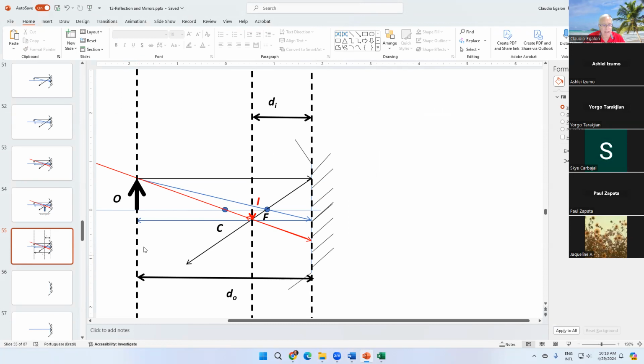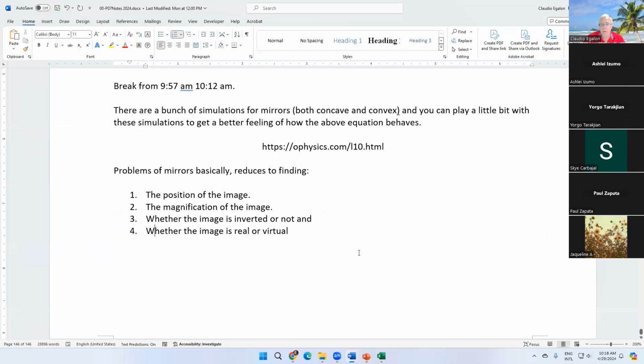Okay, you can see that the image is on the same side as the object. So for a mirror, if the image is on the same side as the object, the image is considered real.